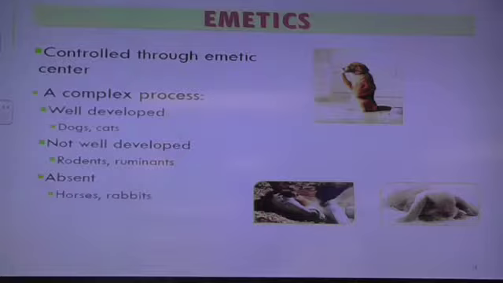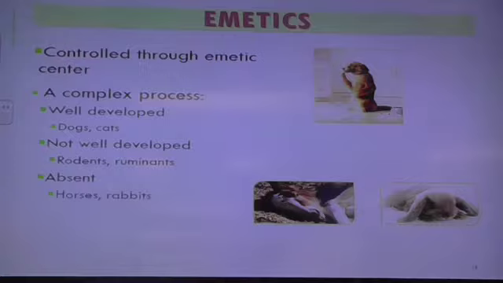We're gonna go on to the vomiting, or emetics, problem. So the drugs we're going to cover are emetic agents and anti-emetics. We have to know that emesis is a complex control system because it's controlled through the emetic center in the brain. And it's species dependent too.